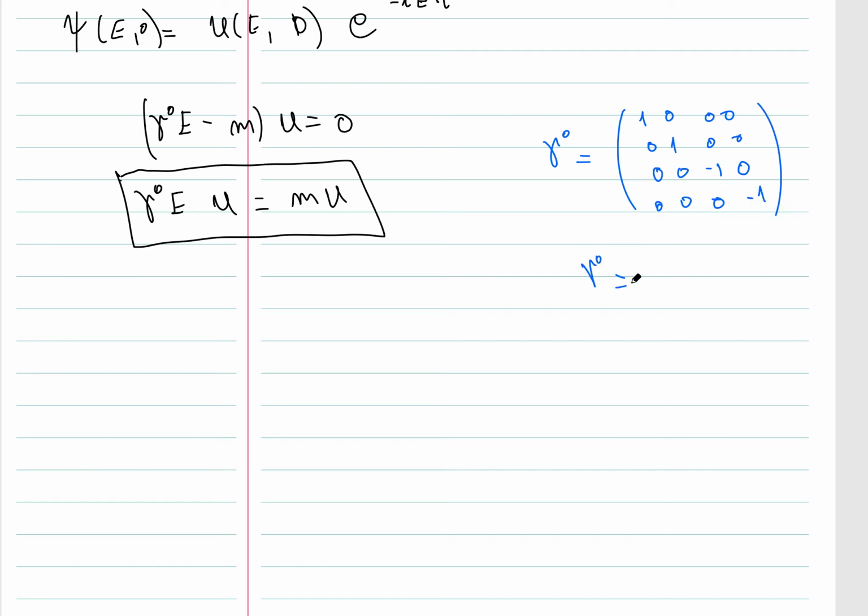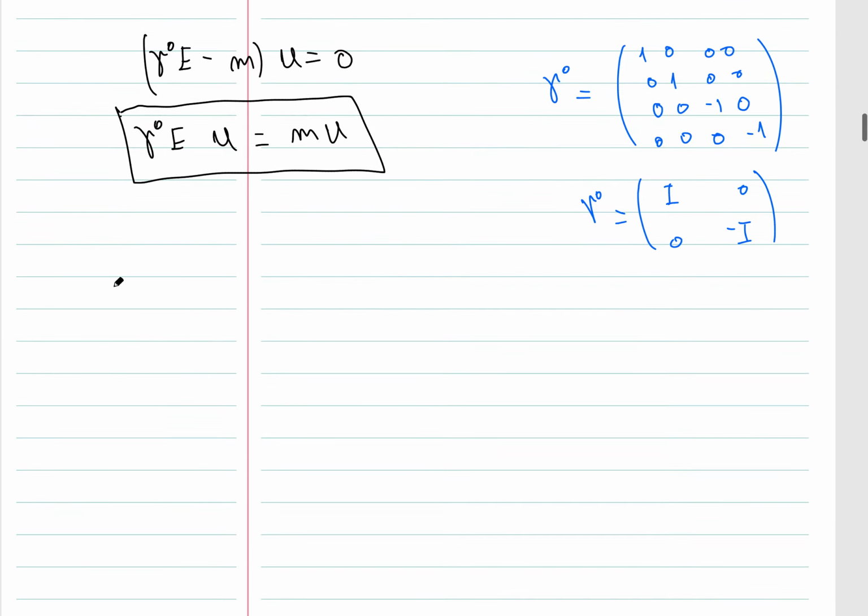Basically gamma 0 would be identity, 0, 0, minus identity. Now we can write u as a 4-component Dirac spinor: phi 1, phi 2, phi 3 and phi 4.